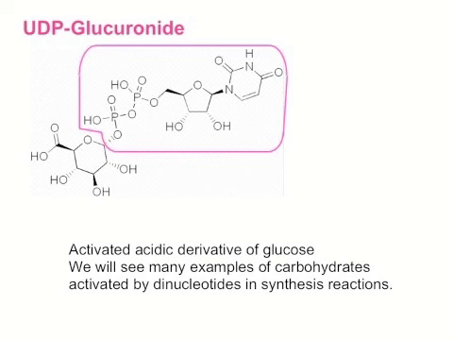As we have seen before, in order to make a covalent linkage between two metabolites, one of the reactants must be activated. And in this case, the sugar was activated by UTP to form UDP glucuronide.